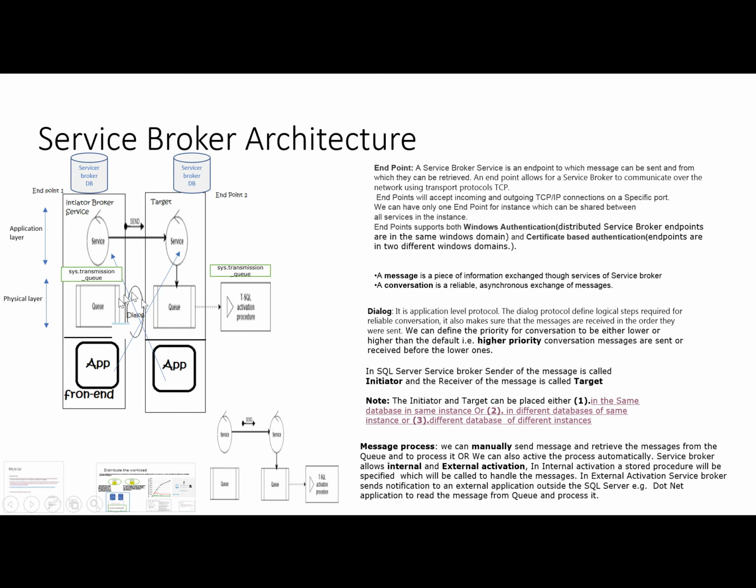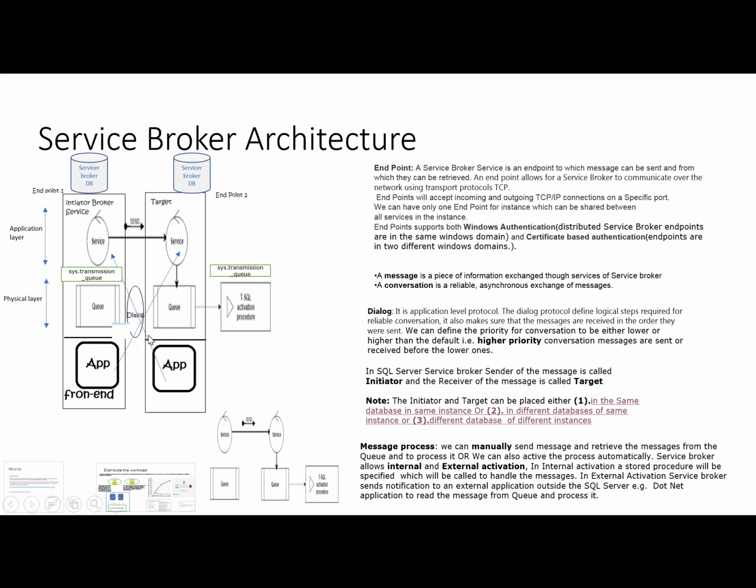So to send and receive the message, at least we need two services. The service which will send the message is known as the initiator service broker, and the service which will receive the message is known as the target service broker. And these messages which are sent and received, this reliable asynchronous exchange of messages between the services, is known as a conversation.